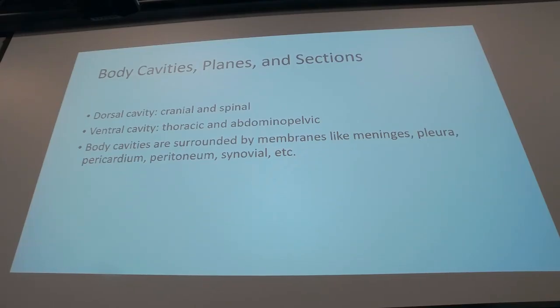Now, in the ventral body cavities, we have the thoracic and we have the abdominal. Why the abdominal? It is not completely surrounded by bones, but the thoracic is.